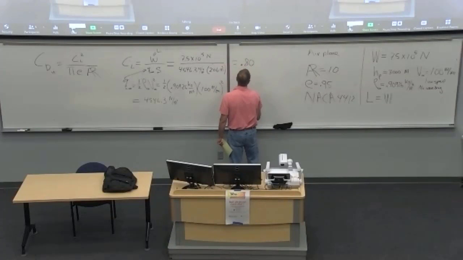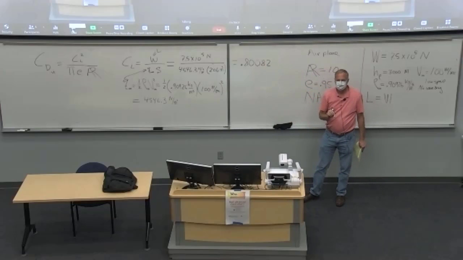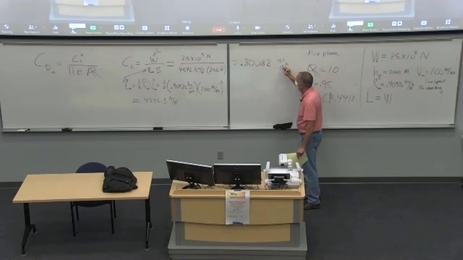What was it? And what are the units? Yeah, there's no units. If you look at the meter squared cancels out, the newtons cancel out. So it's dimensionless because that's the way it was constructed.